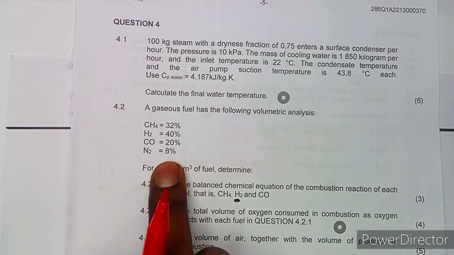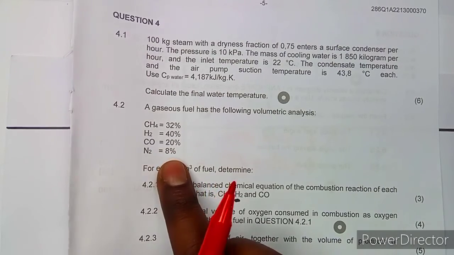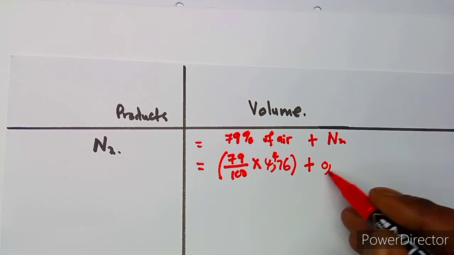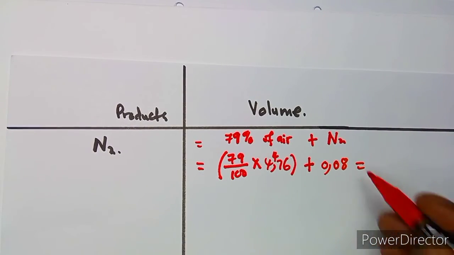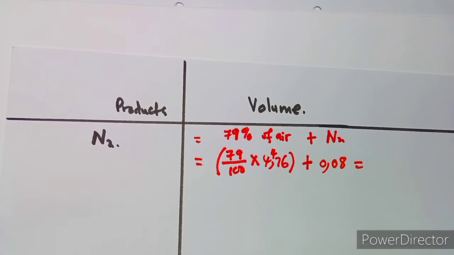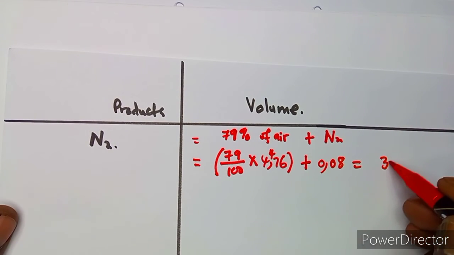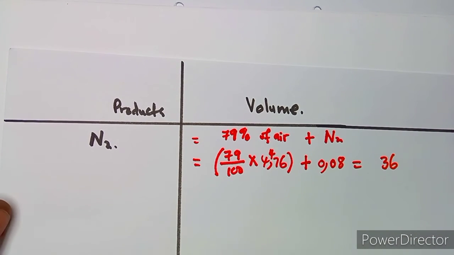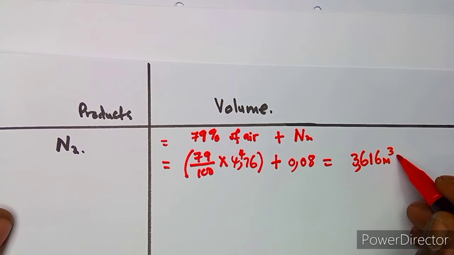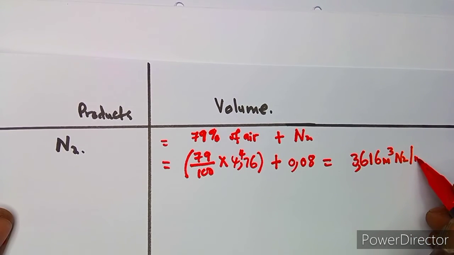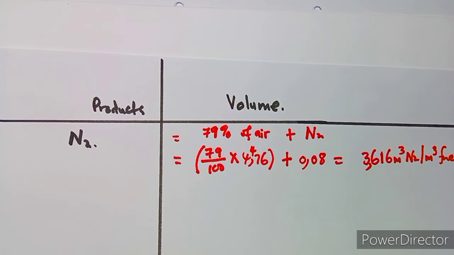We've got a lot of things on this question, guys. This nitrogen here, as a decimal, is 0.08. So that's what you're going to take, and that is going to give us 3.616, that's cubic meters nitrogen per cubic meter fuel. Okay, so that's what you're going to have in this part.